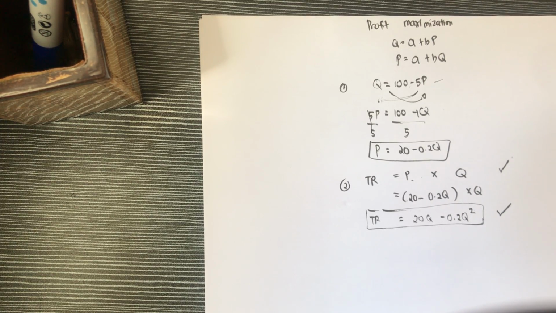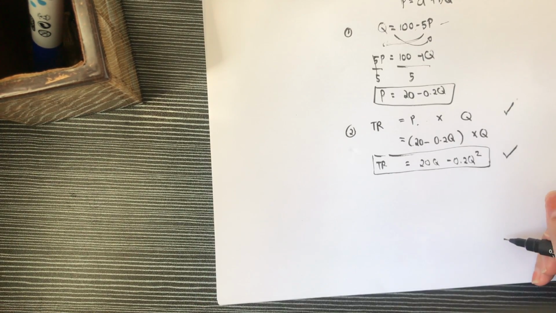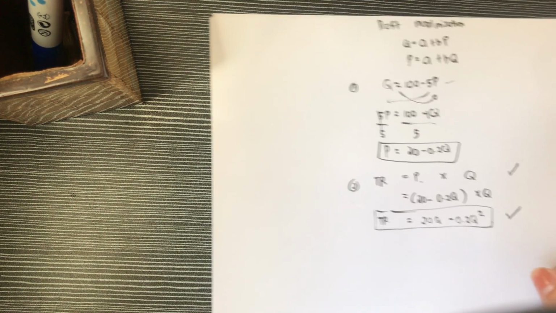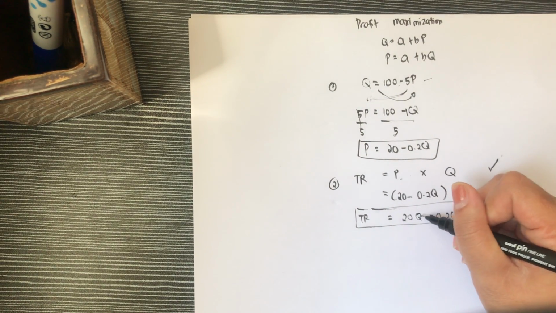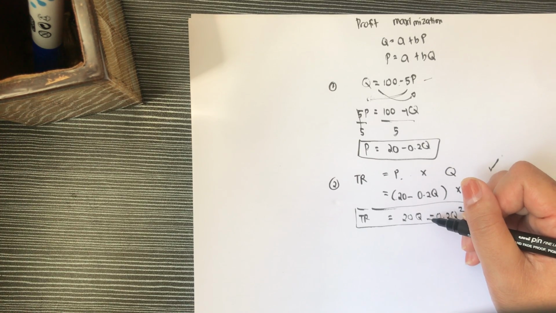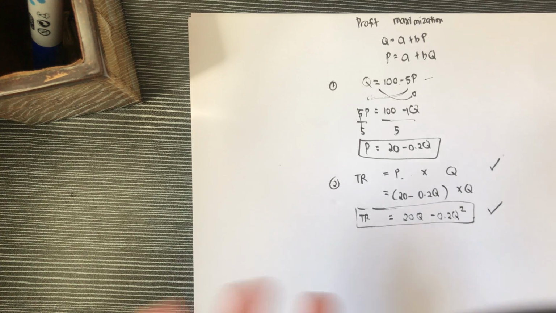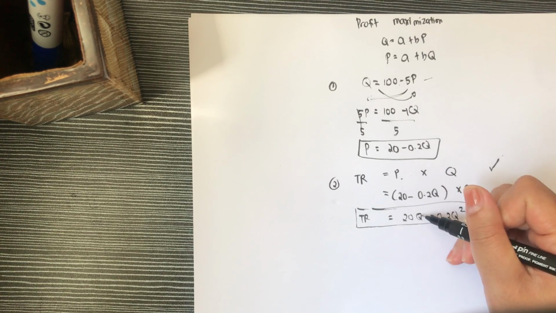But if you already have P and you have Q, you just simply multiply. What if you just know the P, but you don't know the Q? How are you going to write P here when there is no P variable? The first thing you need to do is imagine which among the functions available right now you can use to find Q first, because you cannot simply put the value of P here.